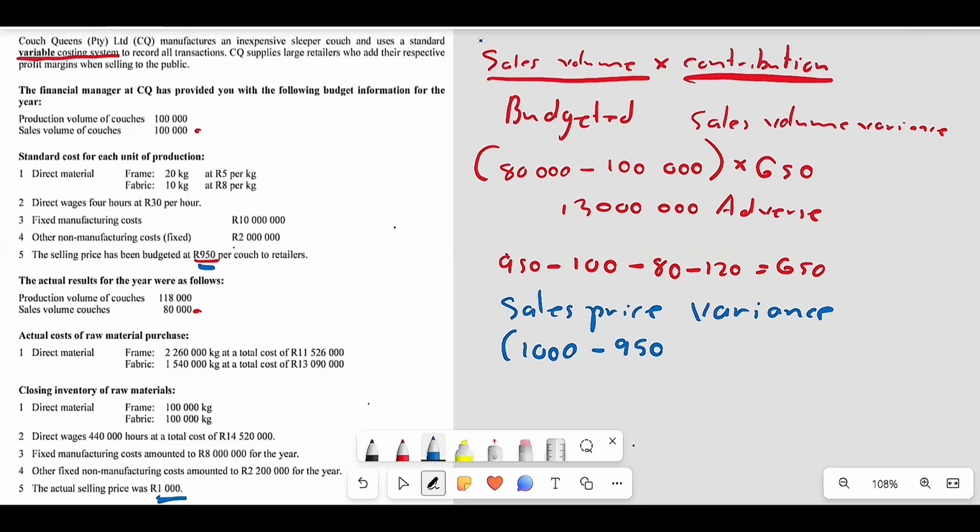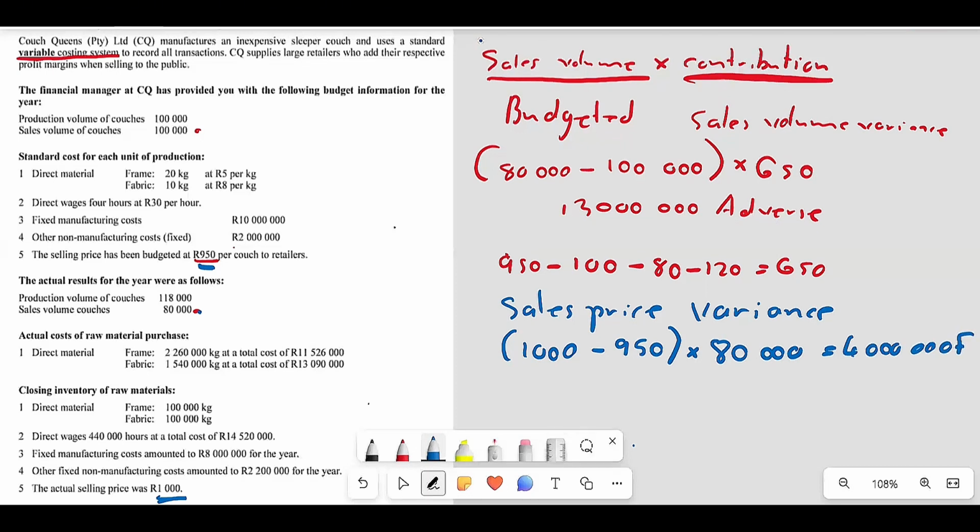And then you multiply with the actual units sold. And then when we compute this, it gives us an amount of 4 million. So this is favorable as it is positive.